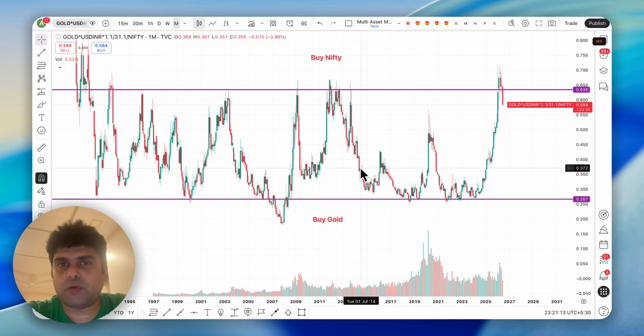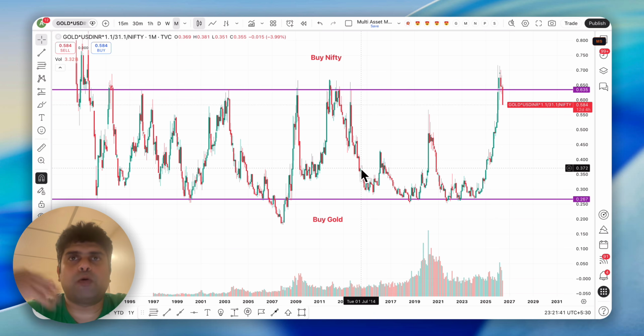Now when I first found this particular idea, I was intrigued and I ended up trying to go deeper. I tried to check what are the points that I should actually get in at and what are the points I should exit. So one of the things I realized is that whenever I hit the other side first, that is the time I would sell off, right? I would start selling the asset class that I'm holding.